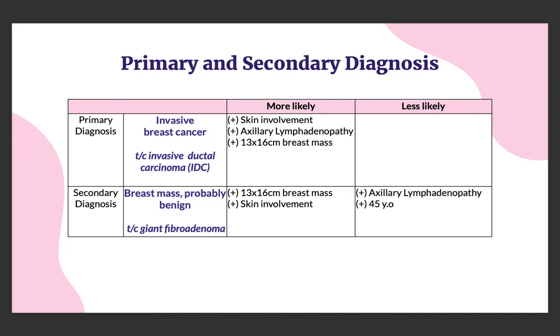However, I did put it as a secondary diagnosis because there are signs and symptoms such as the axillary lymphadenopathy and the age of the patient, which is already 45, that really point more to a malignant case rather than a benign case. So if I were to reevaluate, I wouldn't be confident enough to just go with the primary diagnosis. And so I'd still recommend going through the paraclinical diagnostic tests.